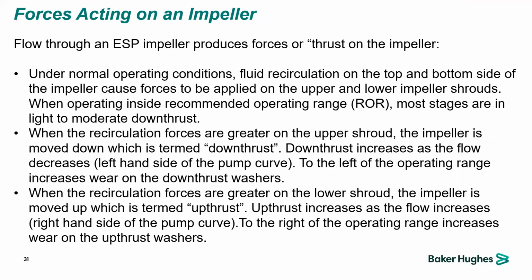When the circulation force is greater on the upper shroud, the impeller is moved down, which is called down thrust. When the recirculation force is greater on the lower shroud, the impeller is moved up, which means we are running in the up thrust condition.